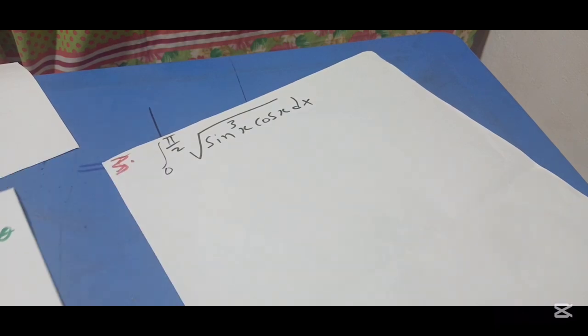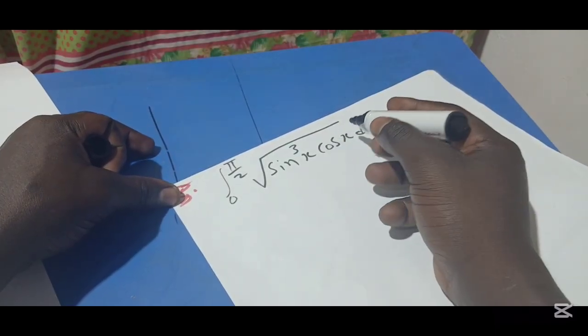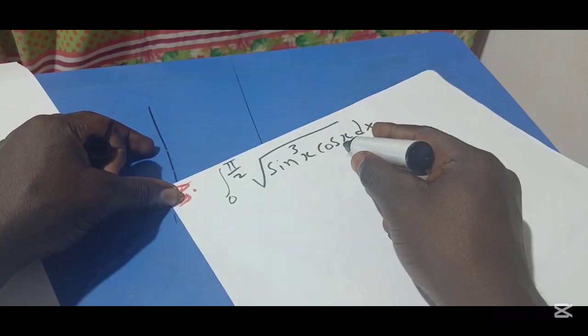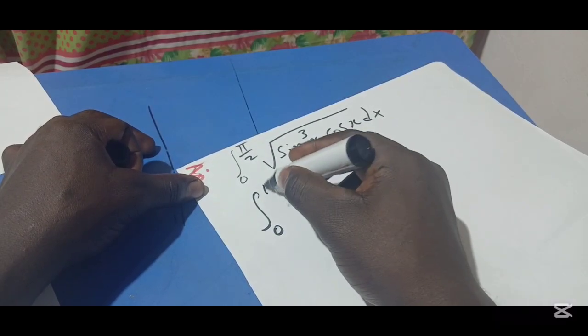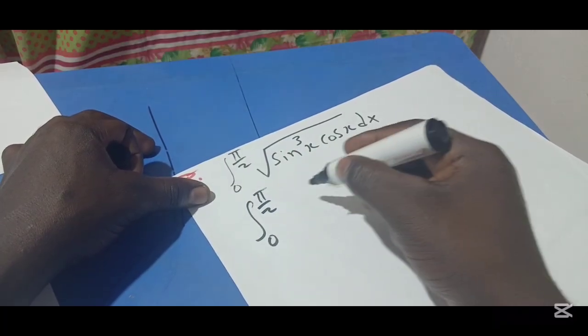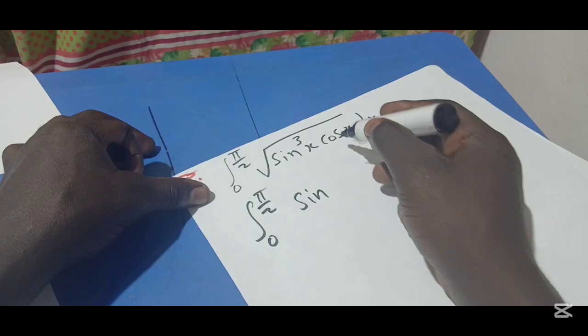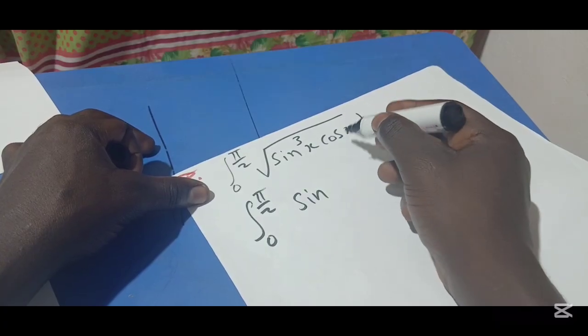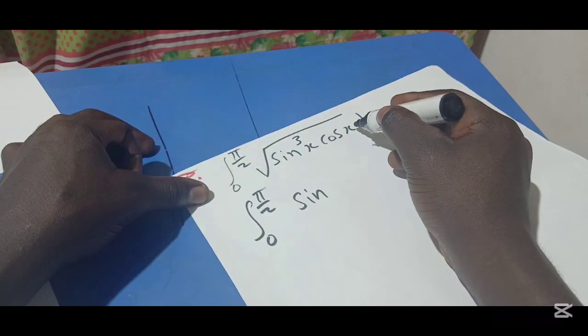So, let's continue. We can rewrite this whole thing. This square root here is affecting both cos and sine, right? So the integral from 0 to pi on 2 of sine, and we know that the square root of cos x alone is giving us cos to the power half x, right?